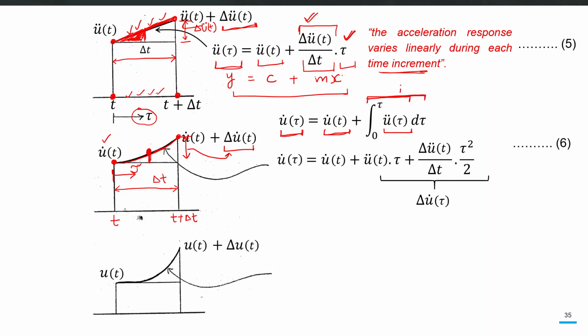So this is the increment in velocity, and that increment becomes this whole delta u dot of t when tau becomes t plus delta t. So when tau is t plus delta t, the increment will correspond to this whole height, which will become delta u dot of t. So we can use this equation 5 and put it here. Equation 5 can be put here and integrated.